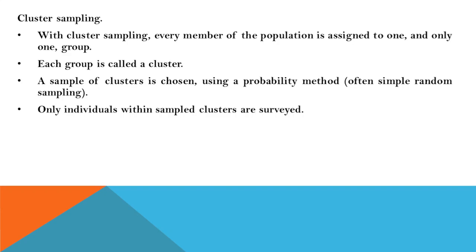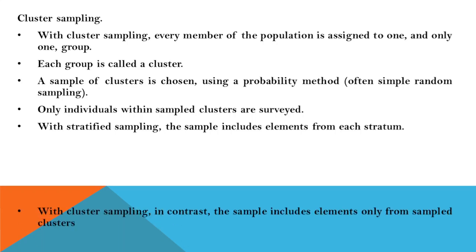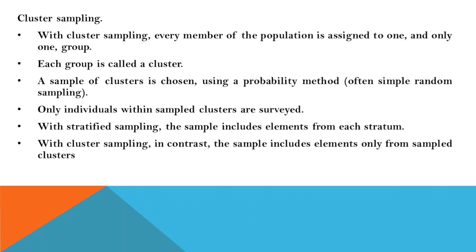Only individuals within a sampled cluster are surveyed. With stratified sampling, the sample includes elements from each stratum. With cluster sampling, in contrast, the sample includes elements only from sampled clusters. This is the difference between stratified sampling and cluster sampling.